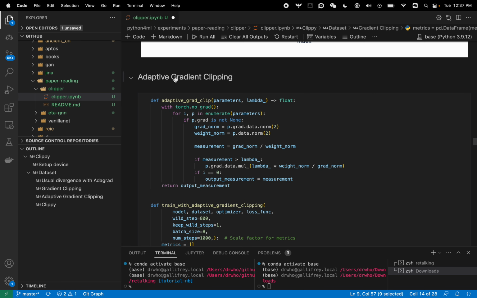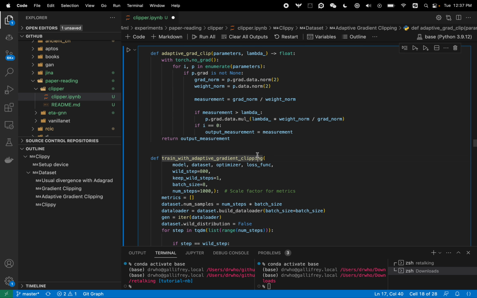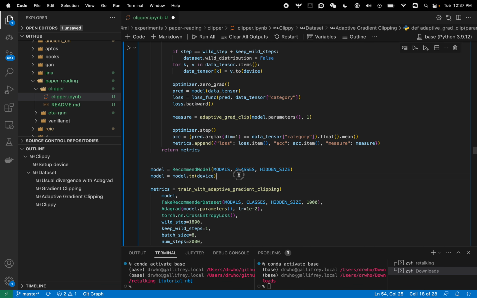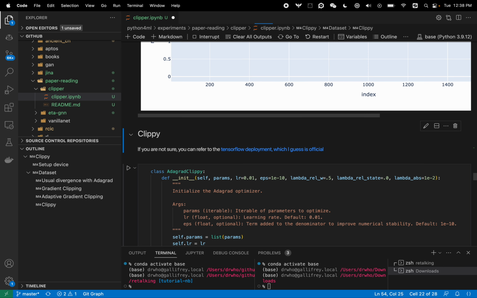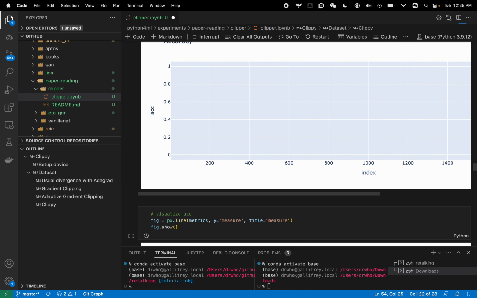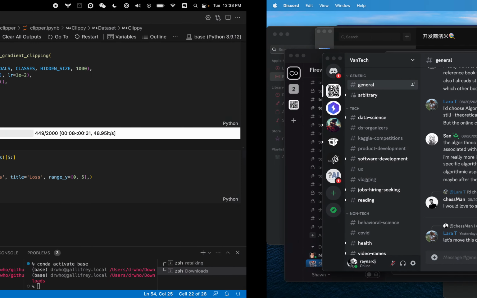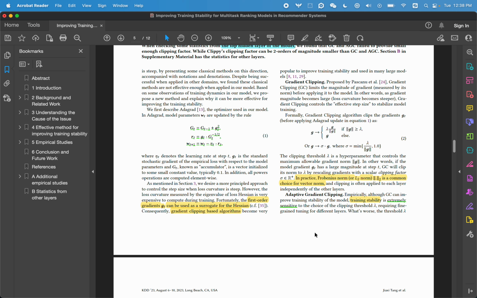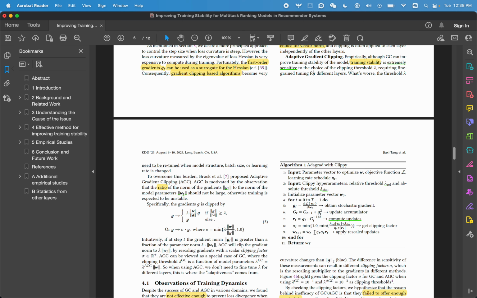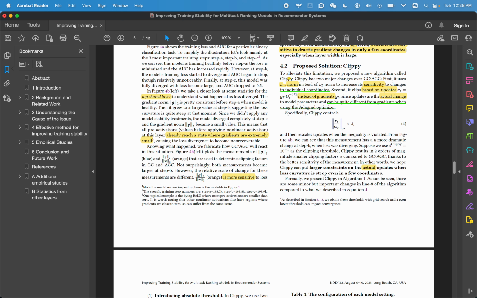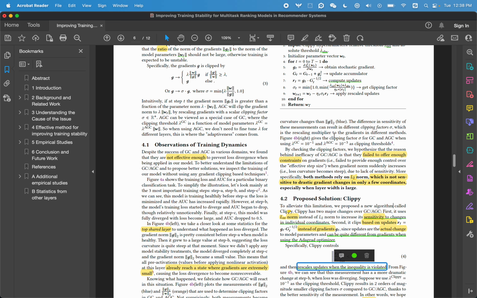Then the adaptive gradient clipping, which is the same. There, you have two norms, grad norm and weight norm, exactly like the paper described. I also trained it with the same steps, and you can see it also works to some level. The problem I'm having right now is trying to duplicate how fancy this clipping is.